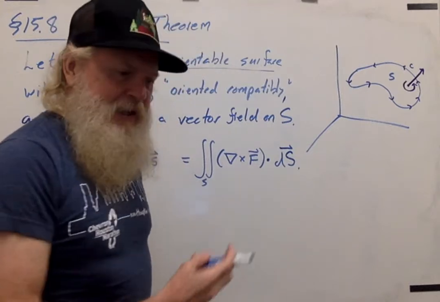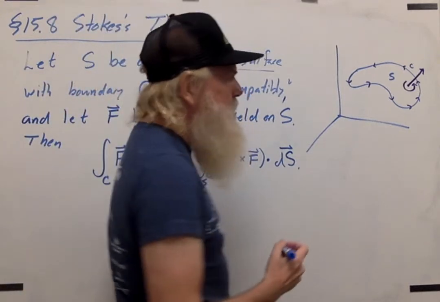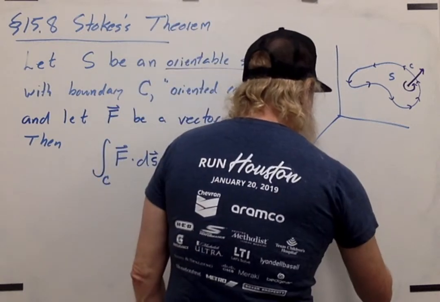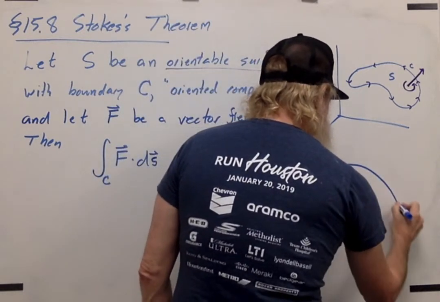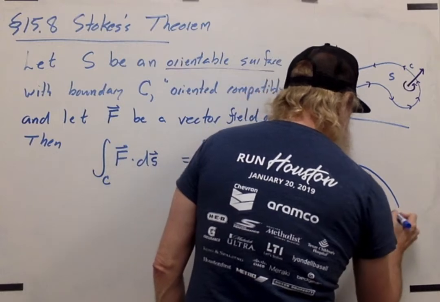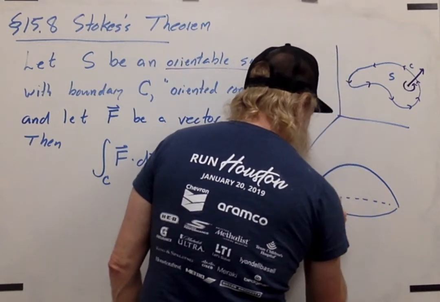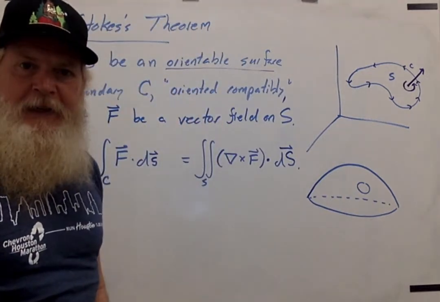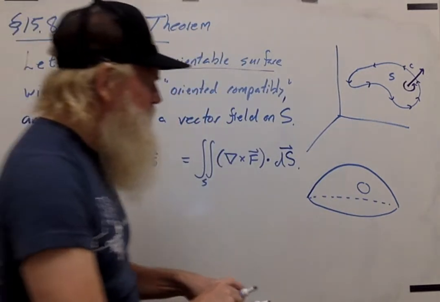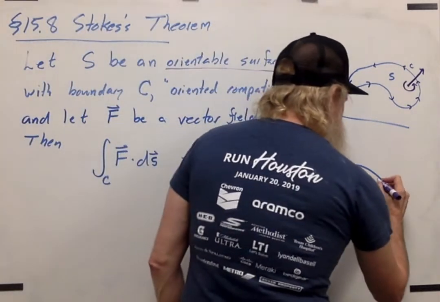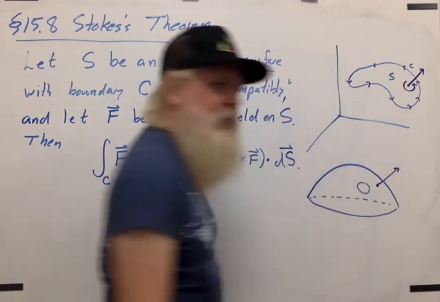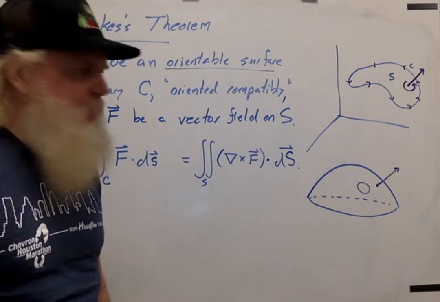Now, something else that can happen is that your surface may have more than one boundary component. So, for example, your surface might look like a hemisphere maybe with a hole cut in it. And let's say that we give this hemisphere this orientation.